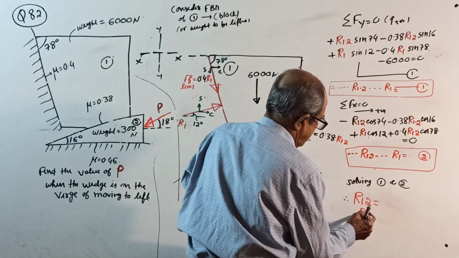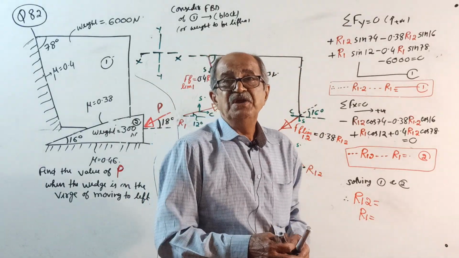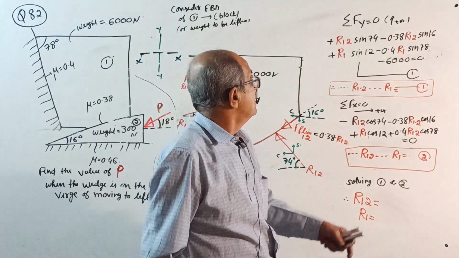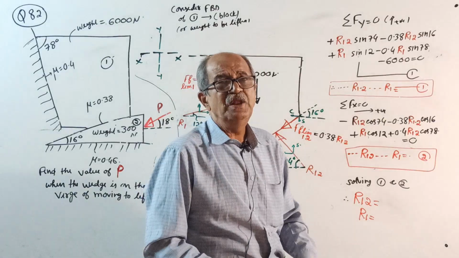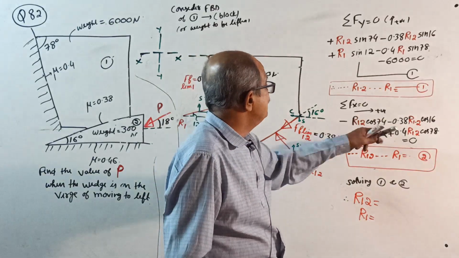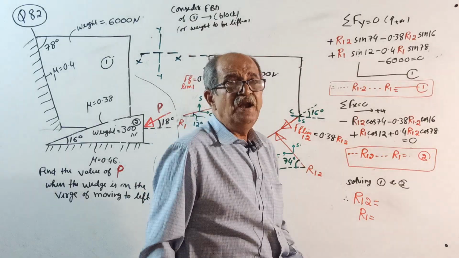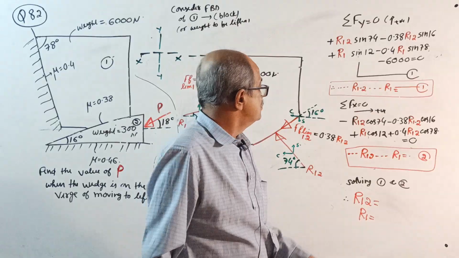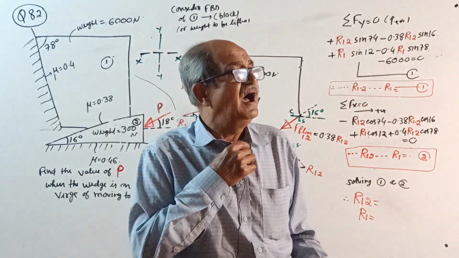and R1. This I won't waste time on here, because I should do careful calculation. Many times my calculator is not in good working condition. Sometimes 0 will not come, I have to press hard. But I have a technique of checking the answer. So I am solving this myself.